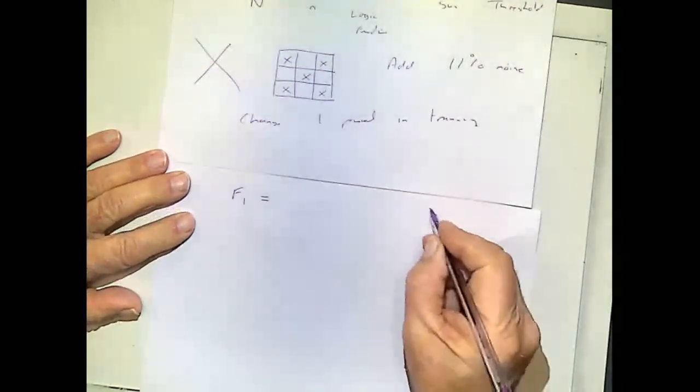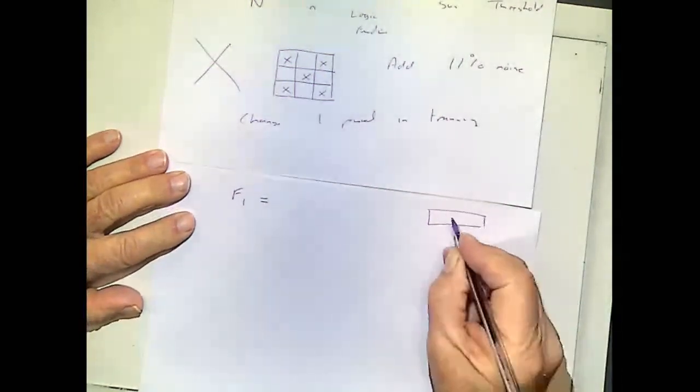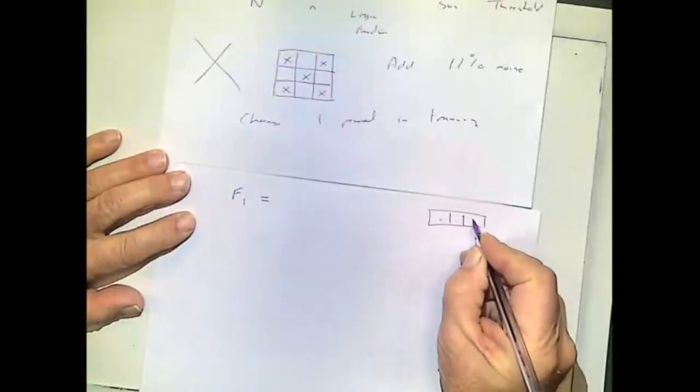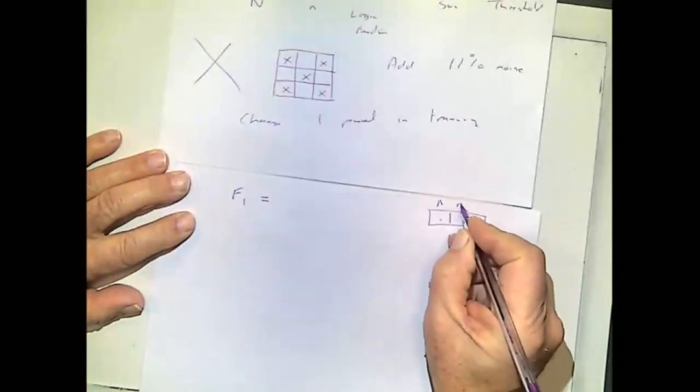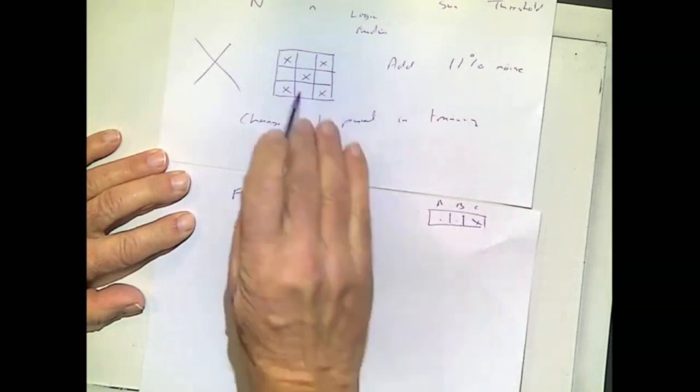Here's the data going in. Top line is going to be 0, 0, 1. A, B, C. There is that sample with the noise changing that 1 to a 0. What's the logic function? Not A, not B, C. Not A and not B and C.